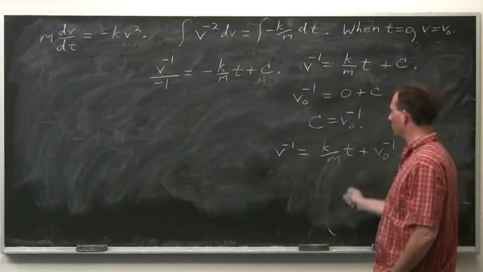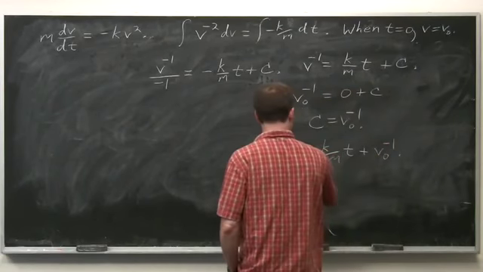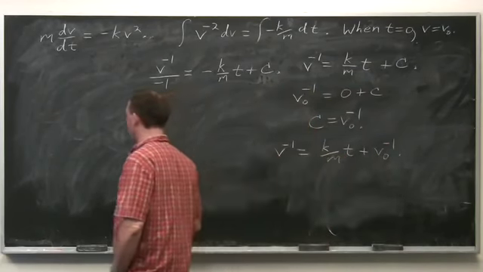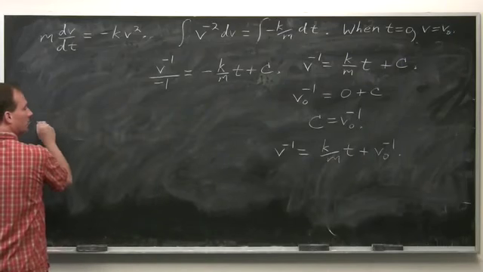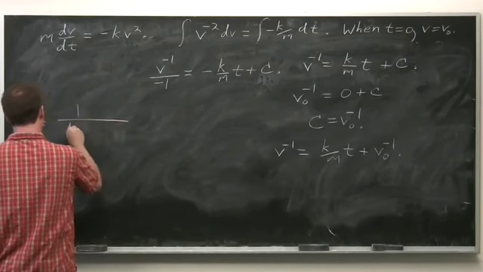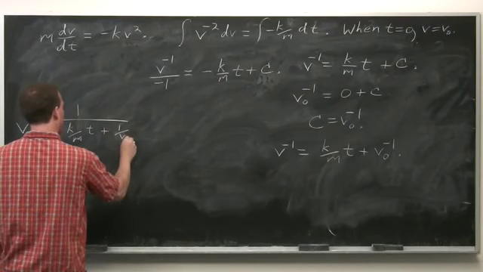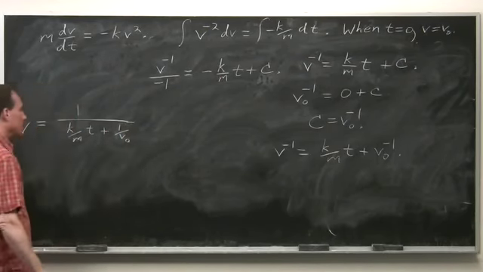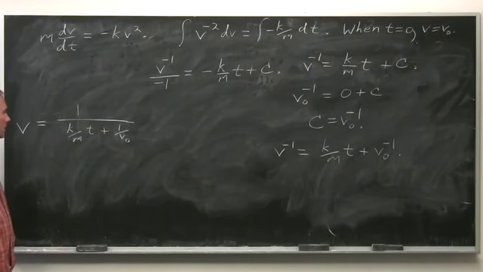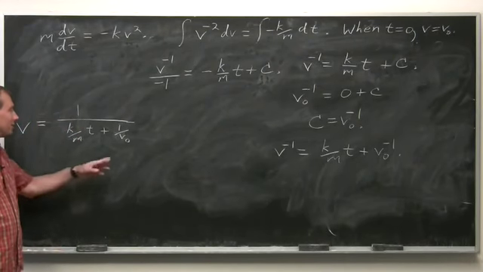And then you take reciprocals. So v is 1 over this, and I'll write v naught is 1 over that. So what we get is that v is 1 over k over m times t plus 1 over v naught. For aesthetic beauty, I'll do this.